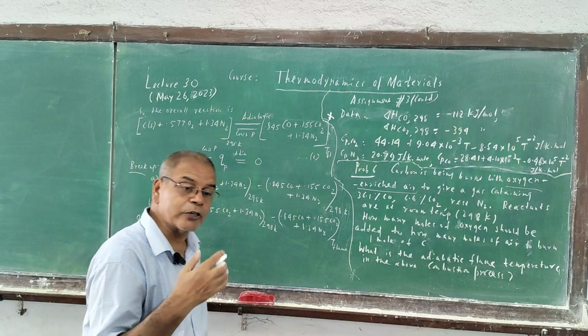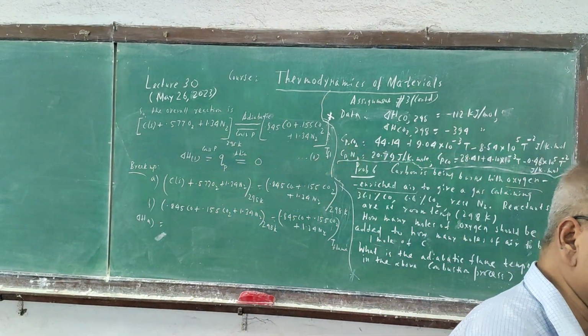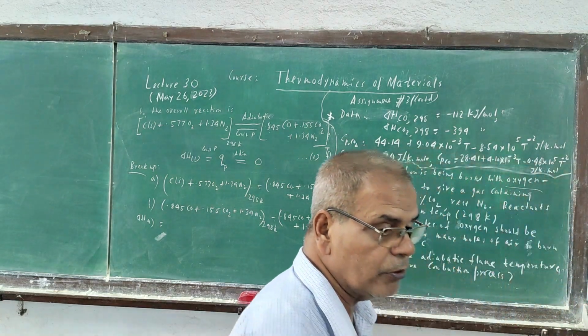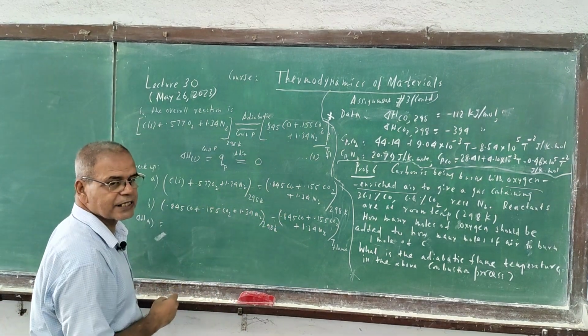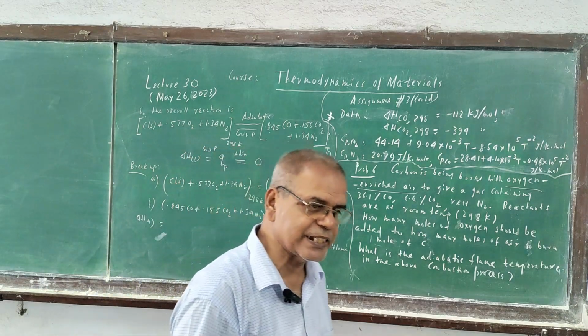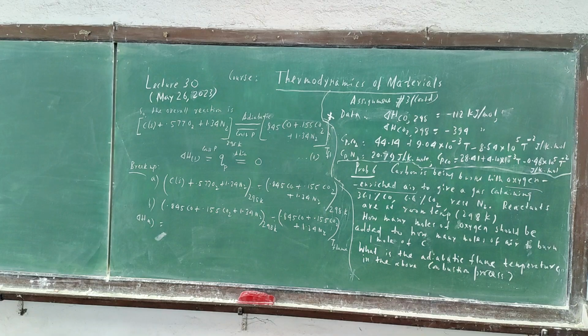Combustion, or the general name is heat of reaction. All reactions are heat of reaction. But how do you get the delta H of this reaction? Delta H is the heat of reaction. We get it in terms of the available data, that is formation data, which are typically given.